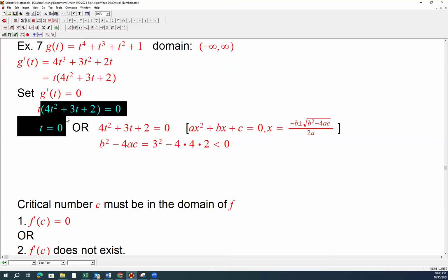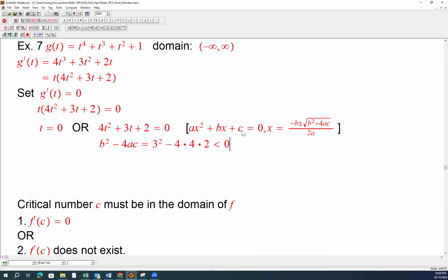So this part does not give us any critical numbers, because the parabola is above the x-axis. It's always positive. So no real number solutions. So the only critical number is t equals 0.